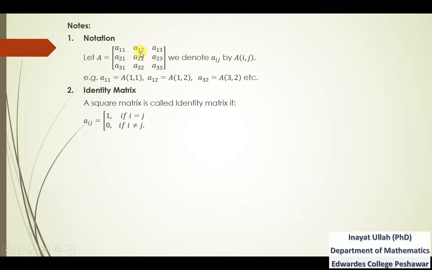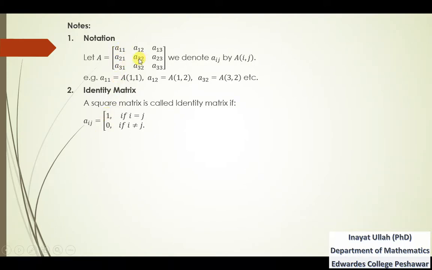Just look at this entry. I and j are not the same. Here I is 1 and j is 2, so this entry will be 0. Similarly, this entry will be 0, this entry will be 0, this entry will be 0, and this entry will be 0. On this diagonal, where I equals j, this entry will be equal to 1.